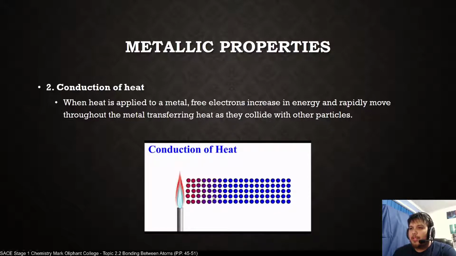If we have our metal cations here, they're not going to move, they're just going to vibrate, and they will transfer some heat with that vibration, but really it's mainly our electrons which are going to get really hot and travel really fast and start hitting the other atoms. So it's going to transfer the heat very fast because these electrons are able to move and hit atoms randomly.